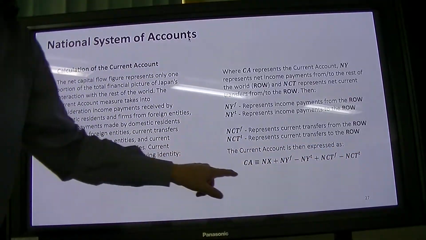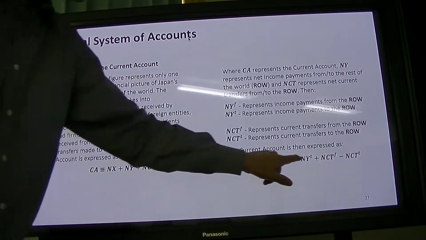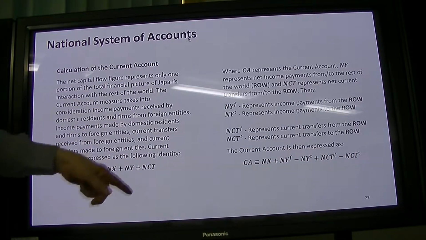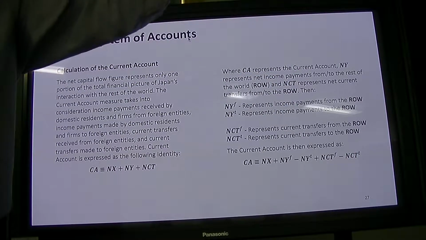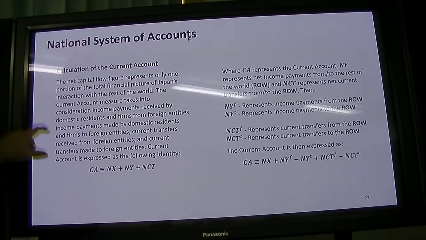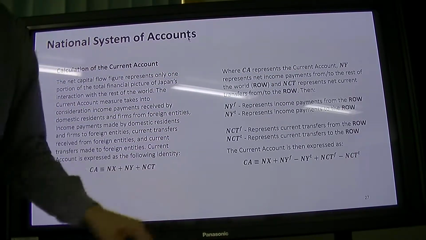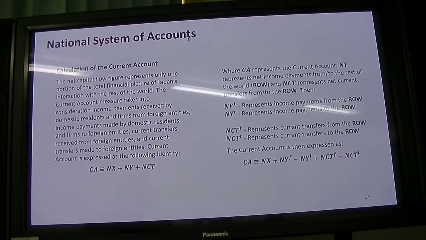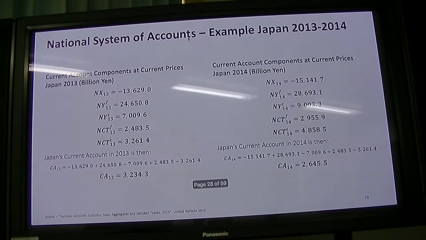All of this is the total identity of the current account. And as I show here, it's net exports plus this. The total is what's called the current account. It's a little bit confusing, but that's the terminology that's given for that.